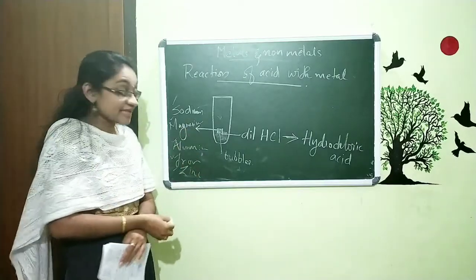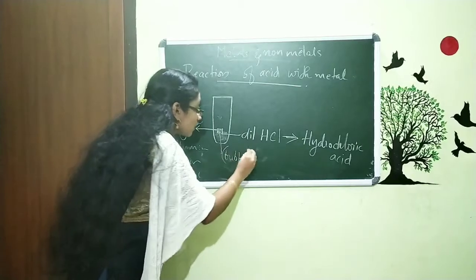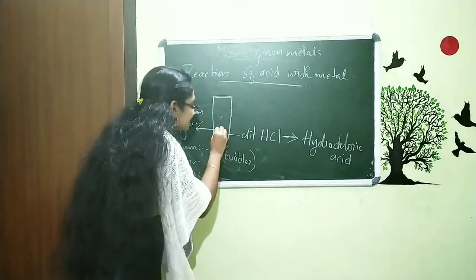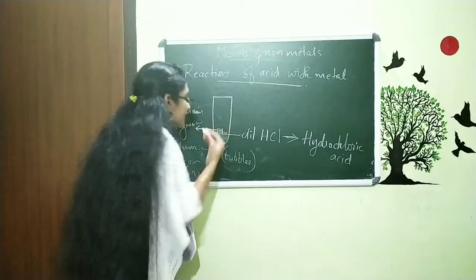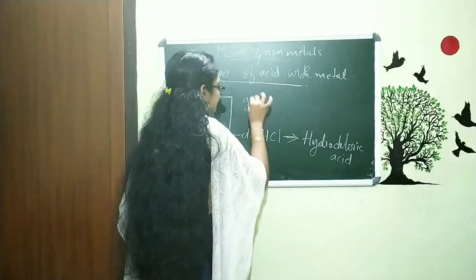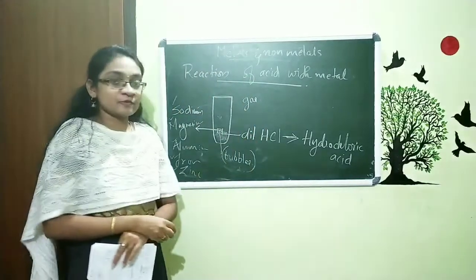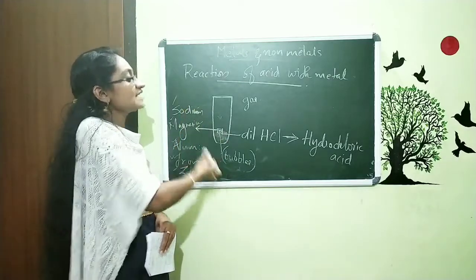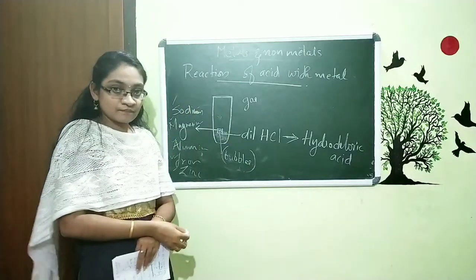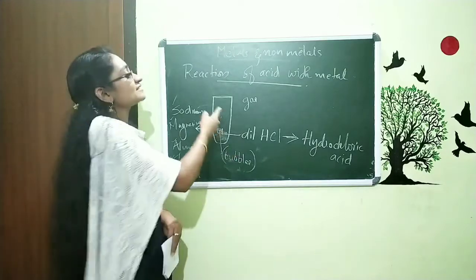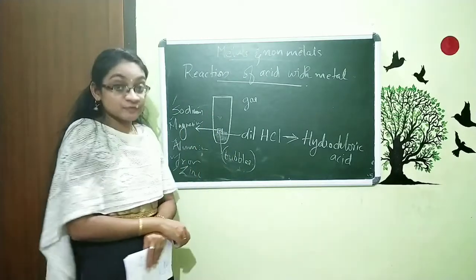That is the meaning of the formation of these bubbles. So that means here a number of bubbles are there and they produce a certain type of gas. Now the question is what type of gas is produced in this? Is it hydrogen, oxygen, nitrogen? Which gas is formed here? That we have to find.